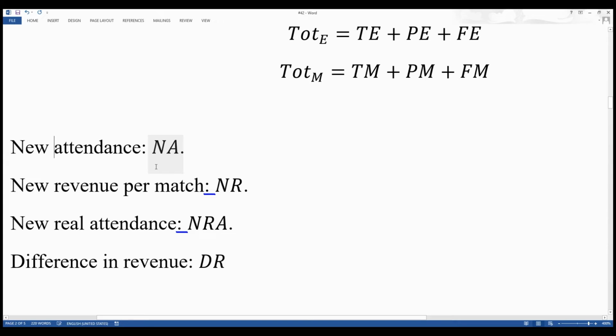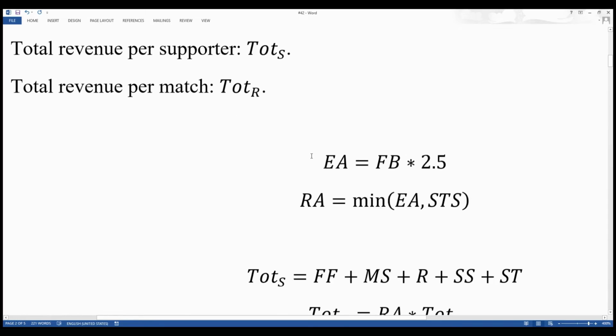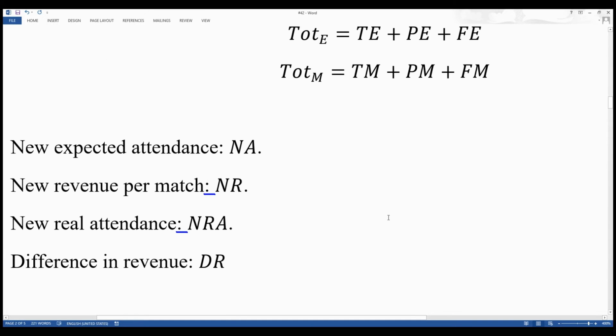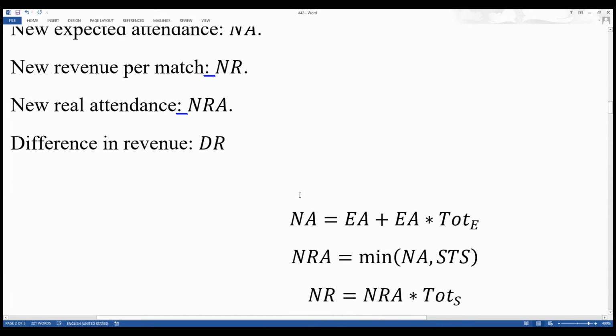The new attendance should also be the new expected attendance, which is the attendance you should have when you apply the effect of the indirect money making facilities on your expected attendance, which we calculated here. I have the equations for each one here. The new expected attendance you can calculate like this: you take the expected attendance you had at the beginning plus this attendance times the effect of the increase.